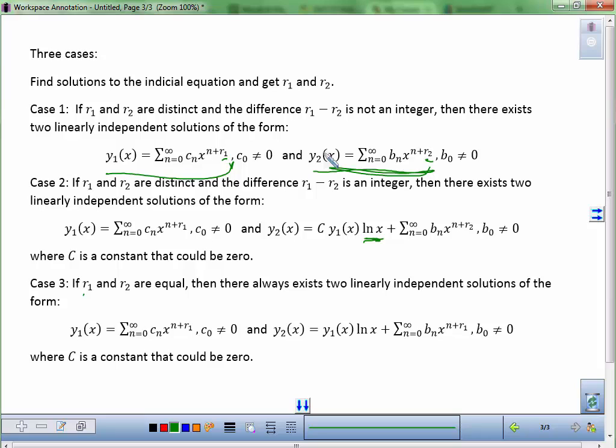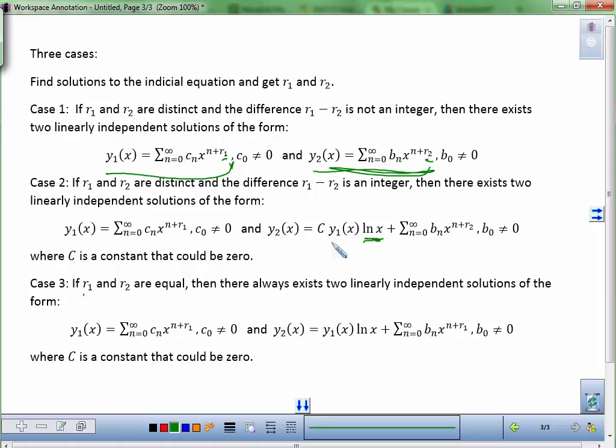But we're not going to know that until we actually try to do these problems. The third case is when the two roots are the same with multiplicity 2. And if they are, then you're for sure going to have the ln of x there. That one can't go to 0.